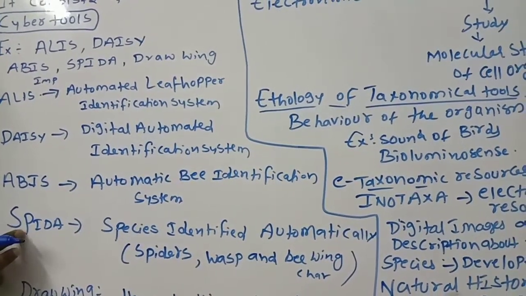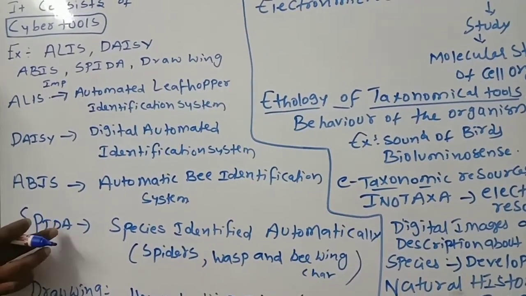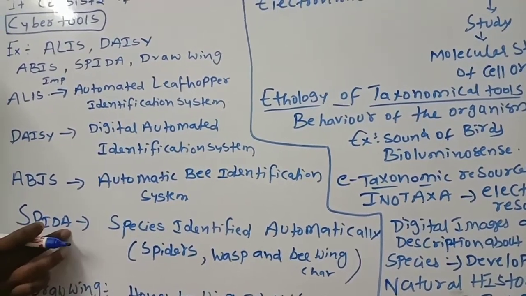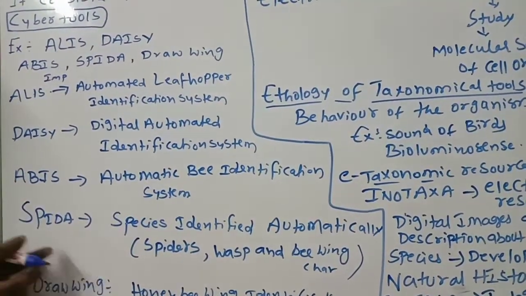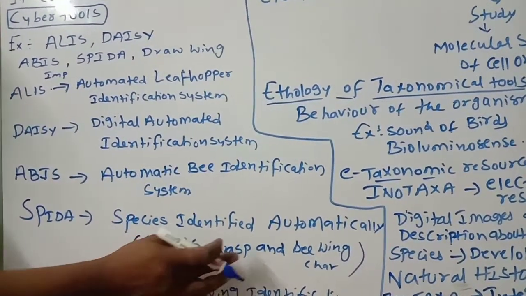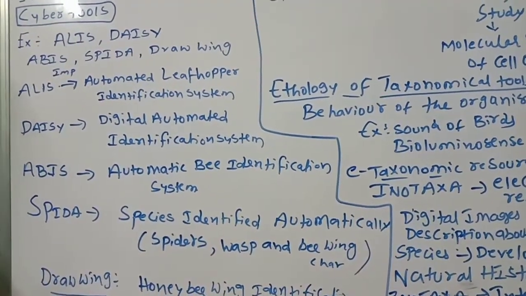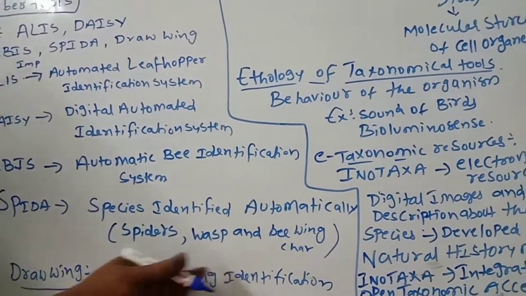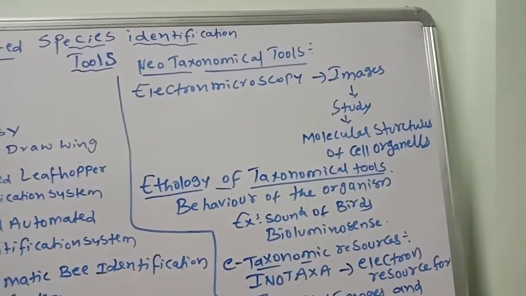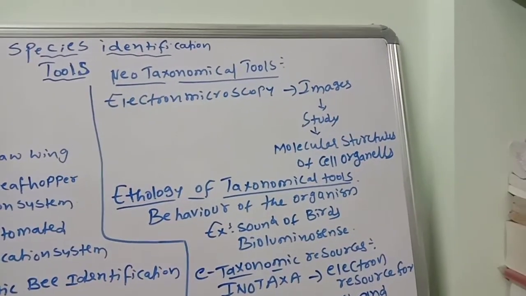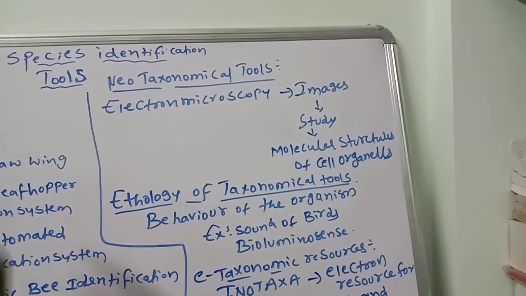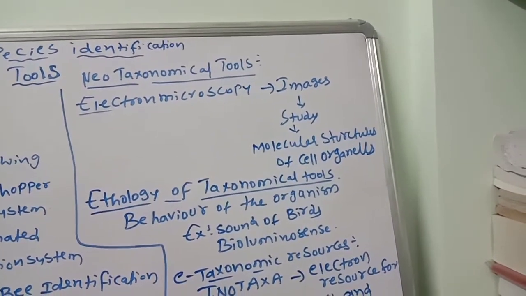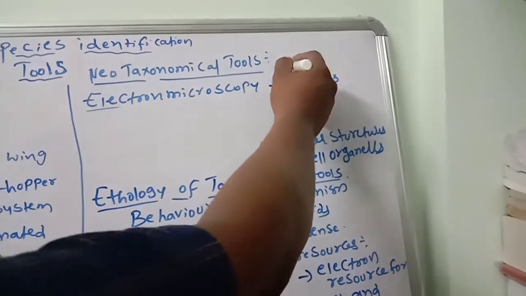SPIDA: species identified automatically, spiders, wasp and bee wing characters. Next one, DRAWING: honeybee wing identification system. Then neo-taxonomical tools: neo means very minute. Through electron microscopy we get the images.